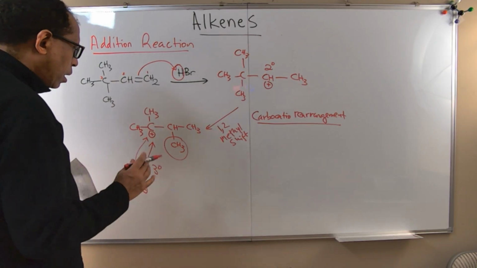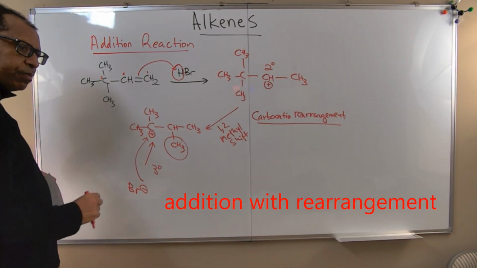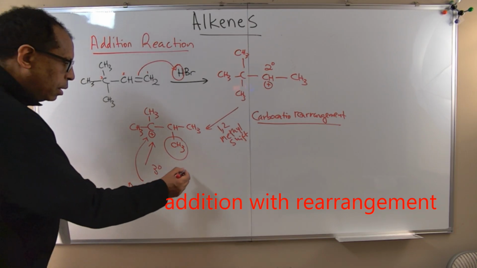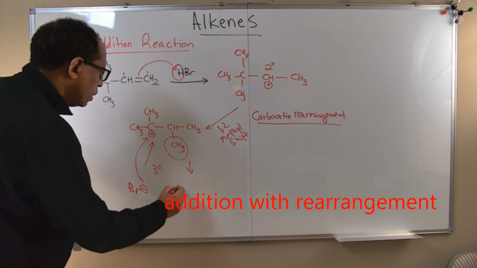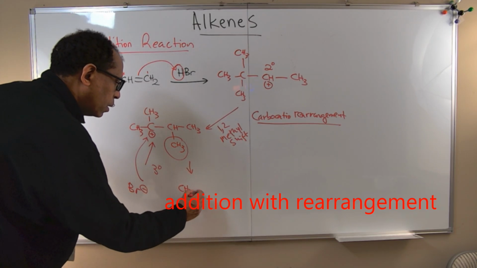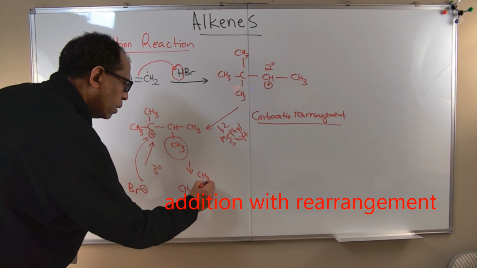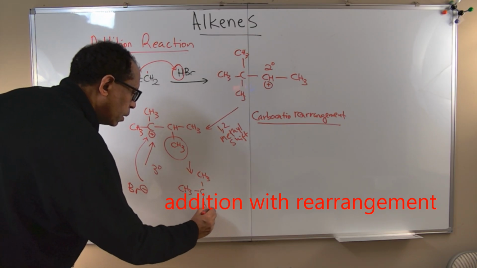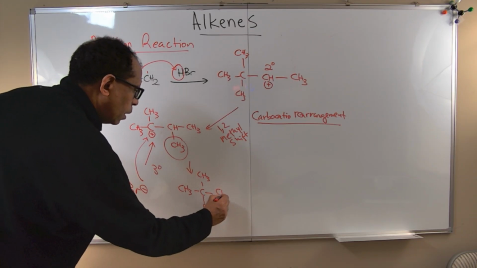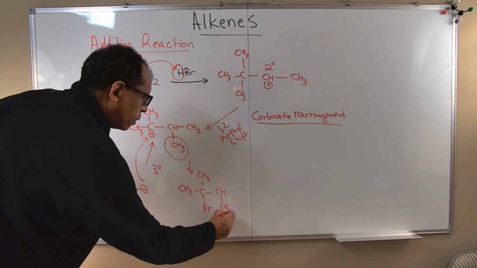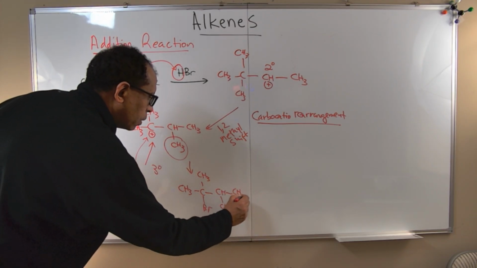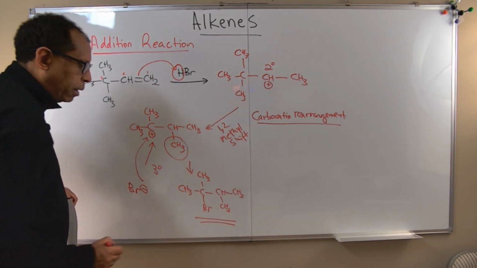Don't forget the rearrangement. Tertiary is much better. So the final product would be CH3, C, CH3, Br, CH, CH3, CH3. So this is the final product.